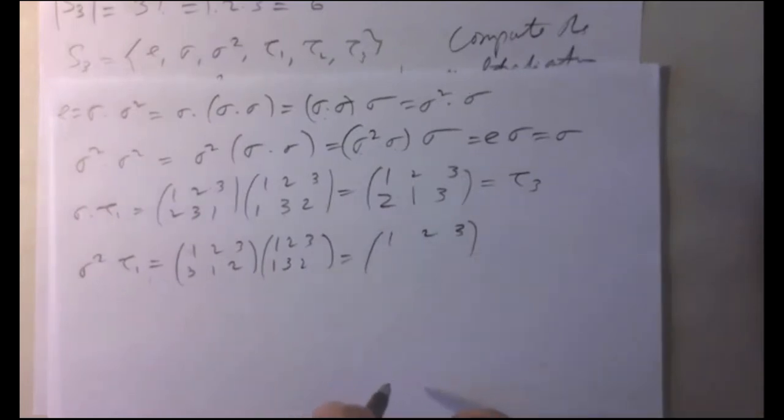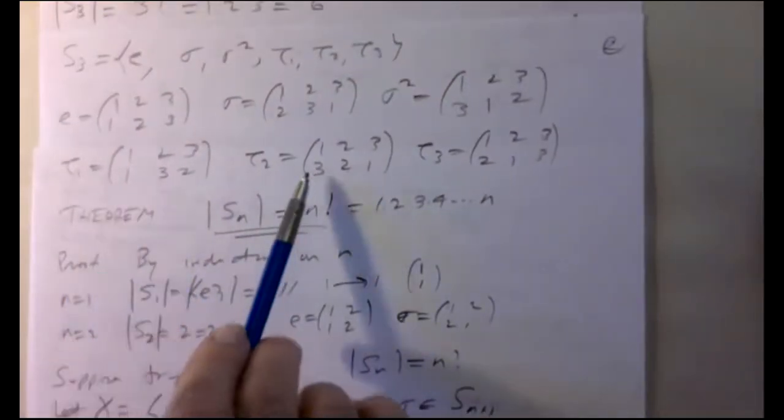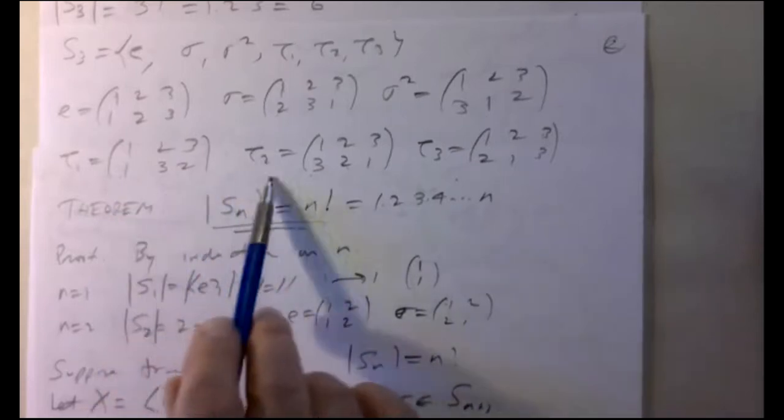Student: How did you get the tau 1? That's the definition of tau 1. I defined this is tau 1, this is tau 2, this is tau 3. This is the definition of those. Okay, I see now. Thank you.